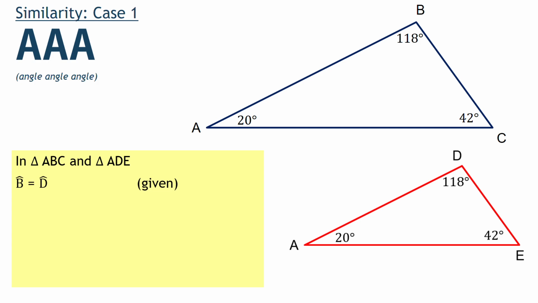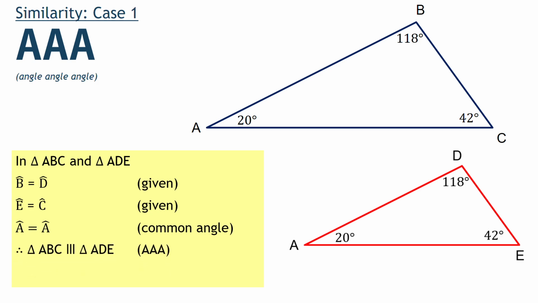Angle B is equal to angle D, E is equal to C, and then angle A is equal to angle A. And because they were sitting on top of each other, I don't say given, I say common angle. Then I'm going to say, well, therefore the triangles must be similar. So triangle ABC is similar to triangle ADE, reason, angle, angle, angle. Okay, so you would get a mark for every single line of that format.